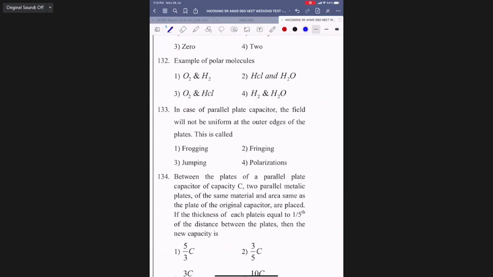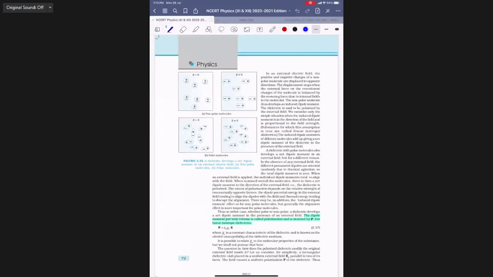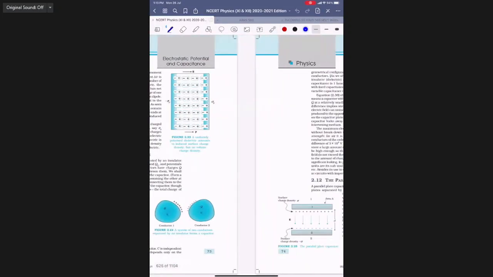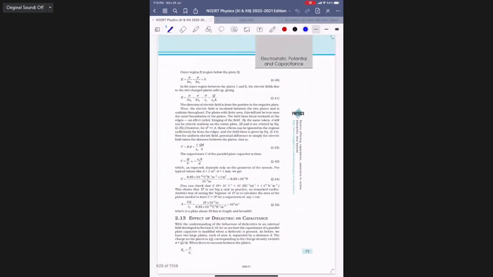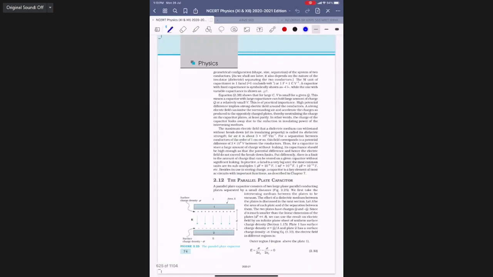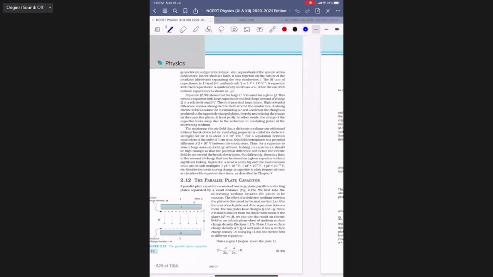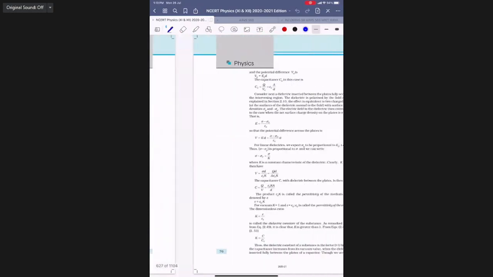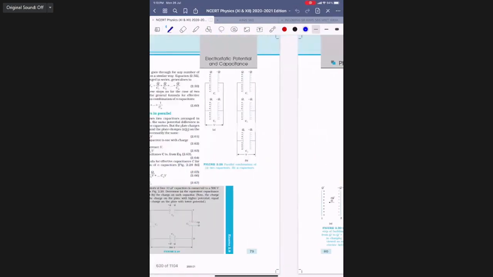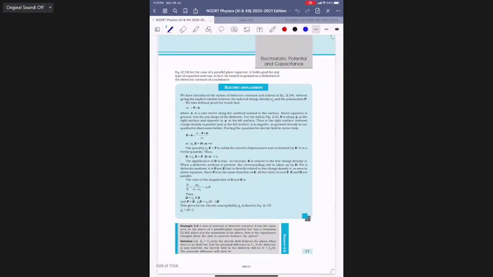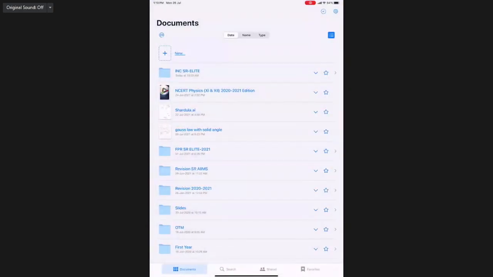Fringing, no? They should not give this now, they should give it in the next week's exam. It is called the fringing effect: the field is uniform except at the outer edges. Parallel plate capacitor, principle of a capacitor, the effect of fringing they should give later, not now. See here, I will show you.